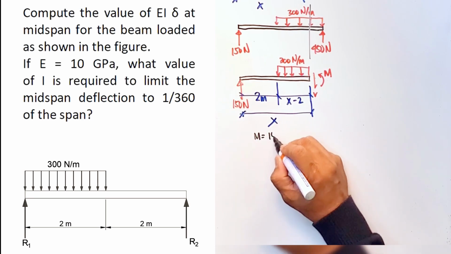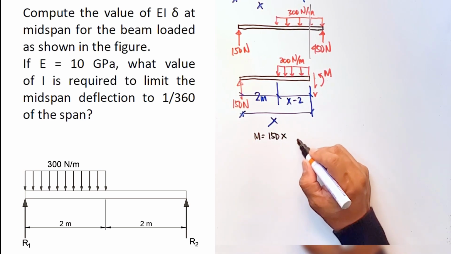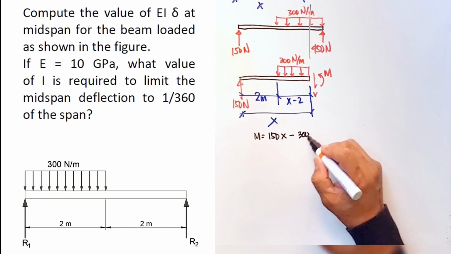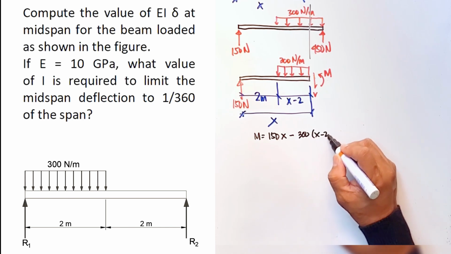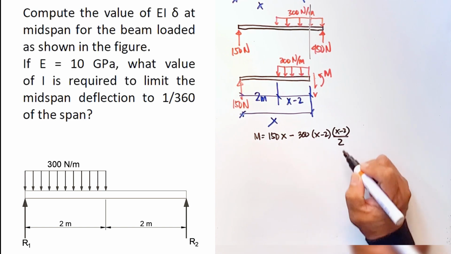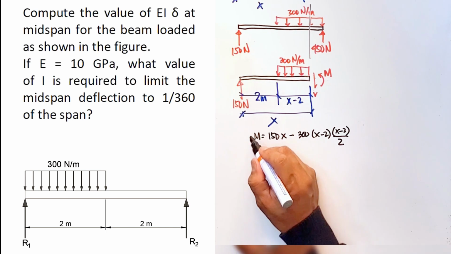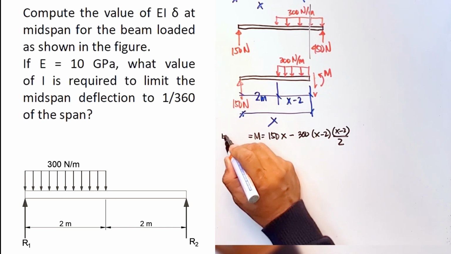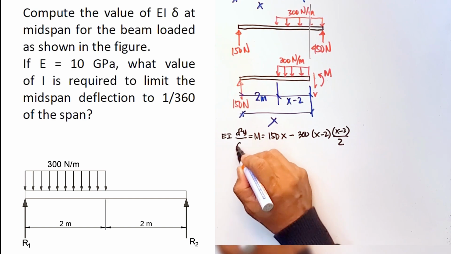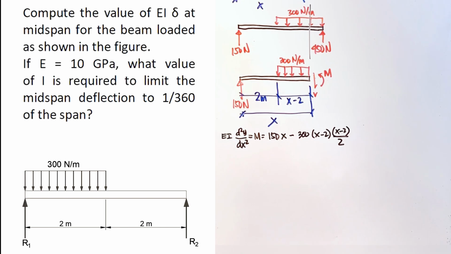That's 150 times x minus 300 times x minus 2 times x minus 2 over 2. And this is equal to EI times the second derivative of y with respect to x.